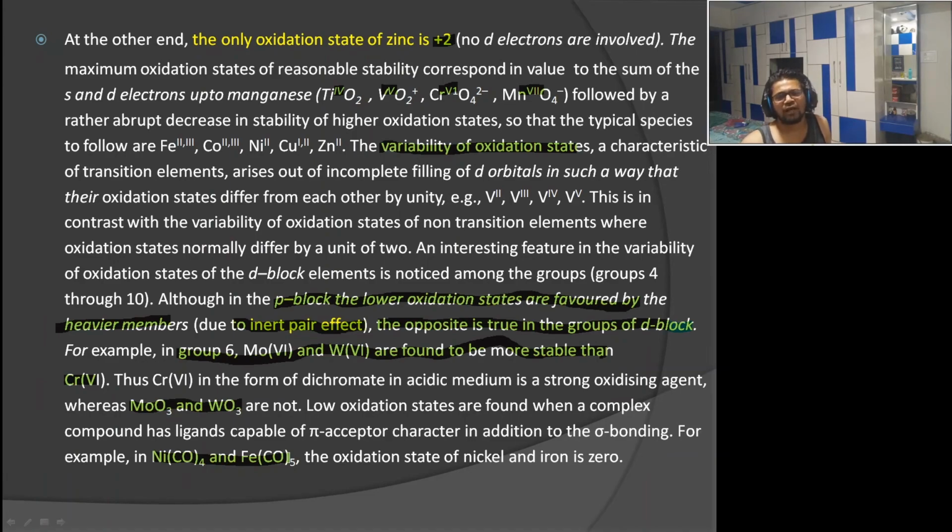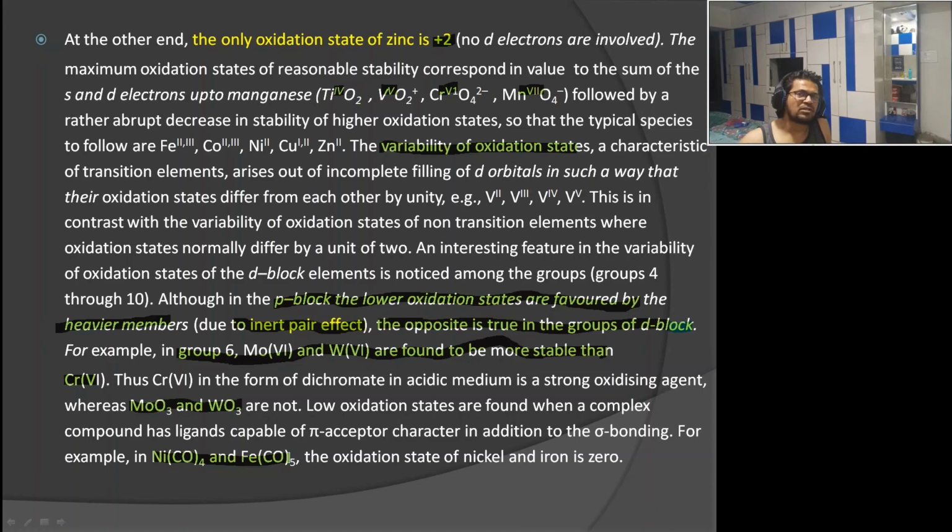So for the general trend, if I have to put it simply, what is oxidation state? The net apparent charge assigned to an element in its compound. Minimum oxidation state pertains to electrons of the ns orbital. So for 3d, the electrons of the 4s orbital.